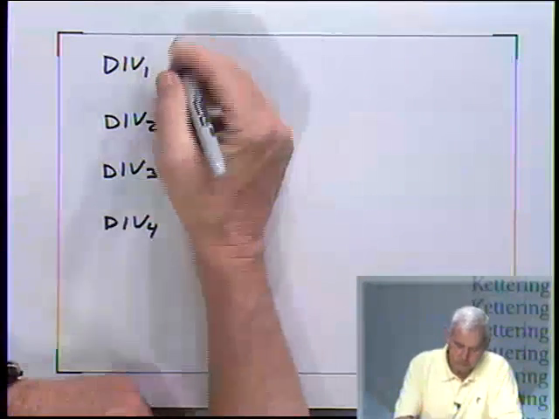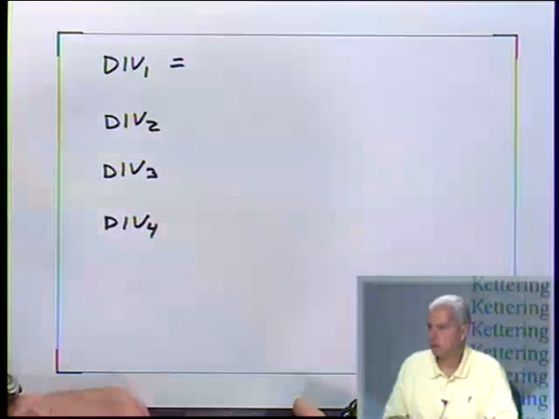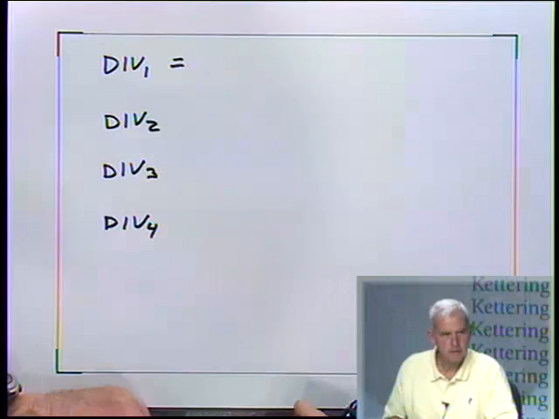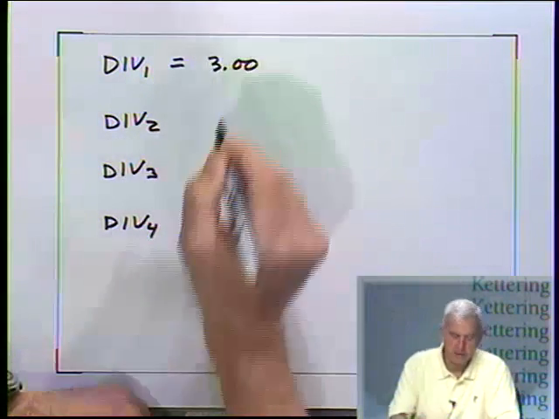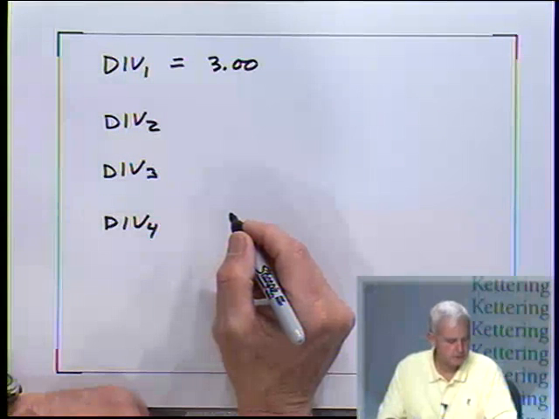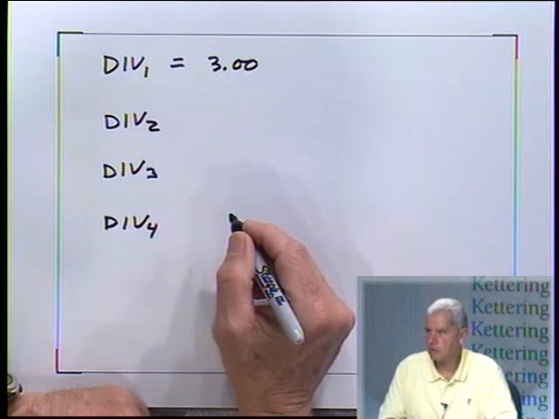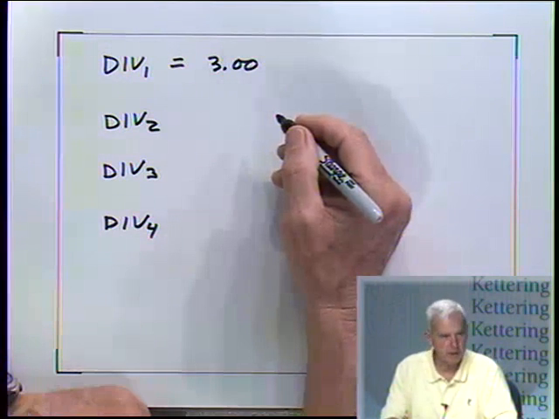Now, what will the dividend be 1 year from today? Well, remember I said that we just received a dividend of $3? But what do we know about what happens to that dividend? It grows at 10%, right?